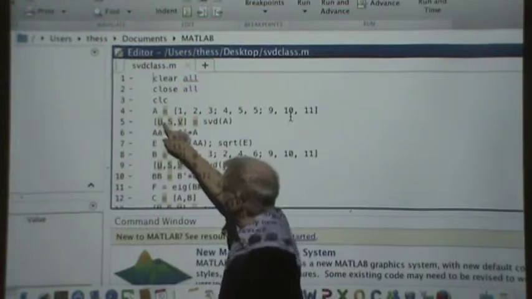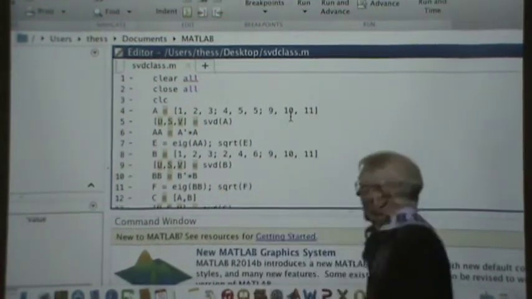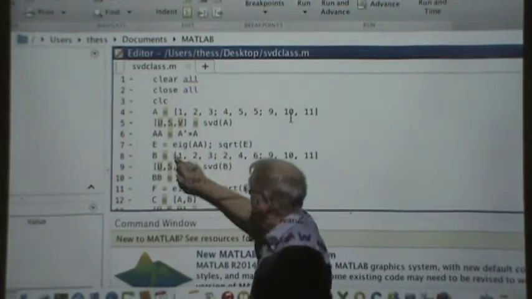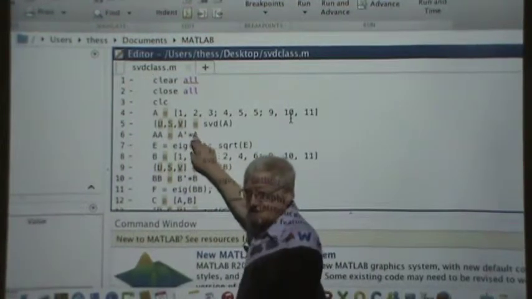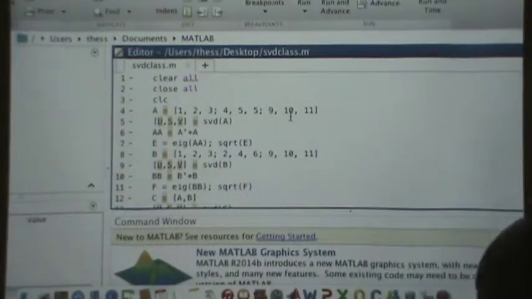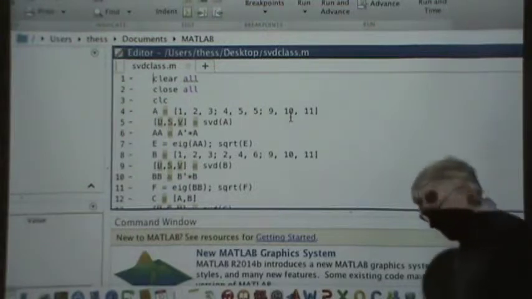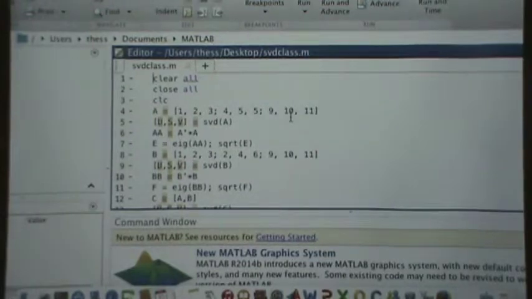And then you say USV equals SVD of A, and so that will give us the singular value decomposition. And then I define the matrix AA to be A prime star A. Star is matrix multiplication. A prime is something cute. The mathematicians use prime for transpose, but apparently they also use it for, if the matrix is complex, then the prime means Hermitian adjoint. That is to say, transpose complex conjugate.